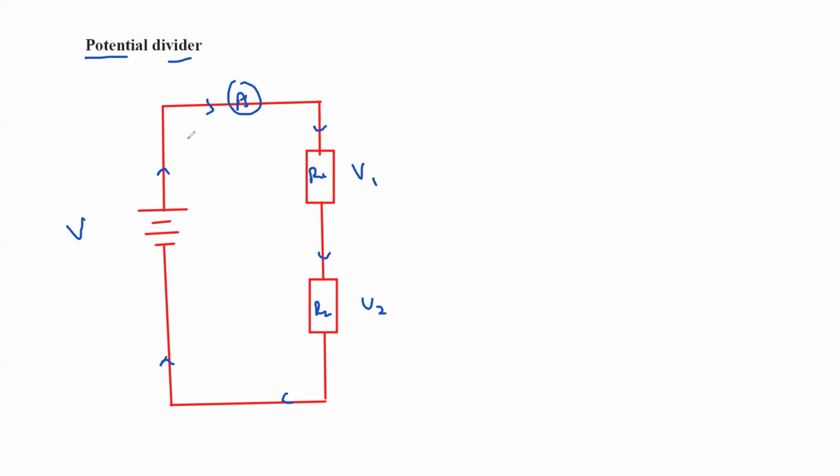An ammeter is connected to know how much current I flows through the circuit. If I use Ohm's law, I can say that V1 is equal to IR1, and V2 is equal to IR2.